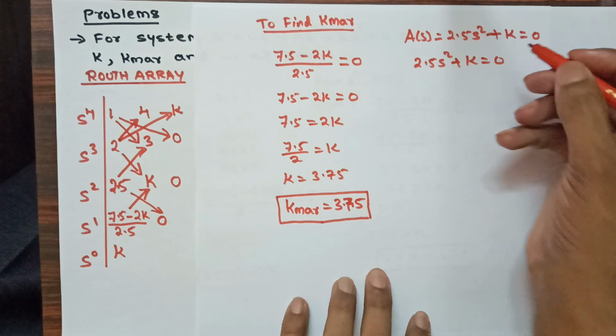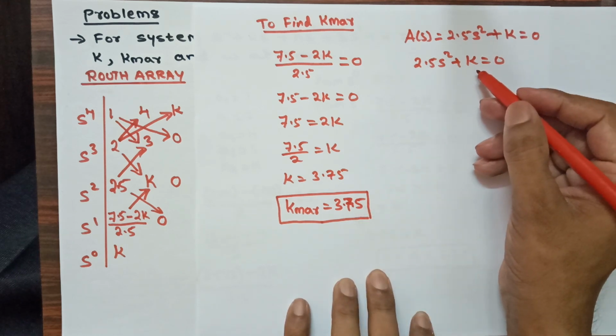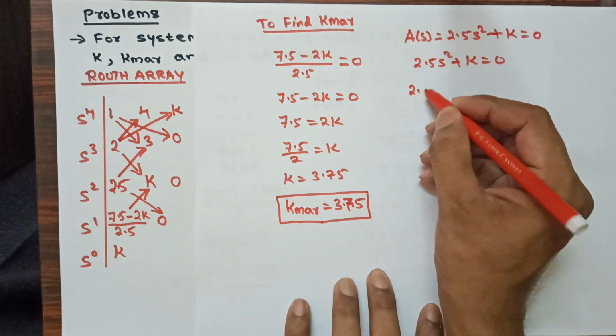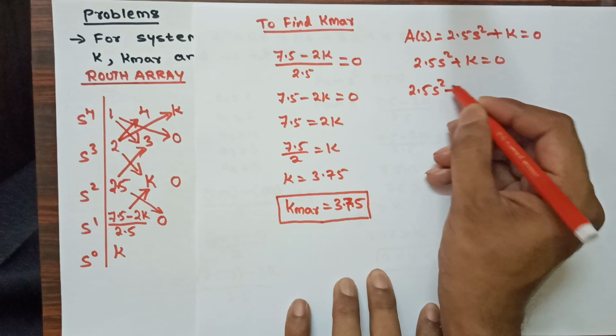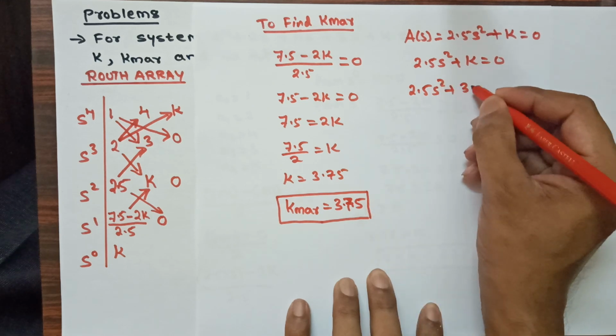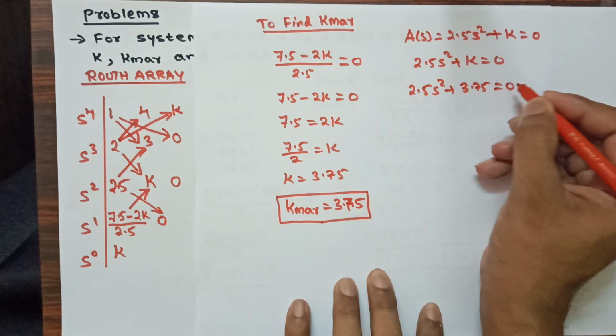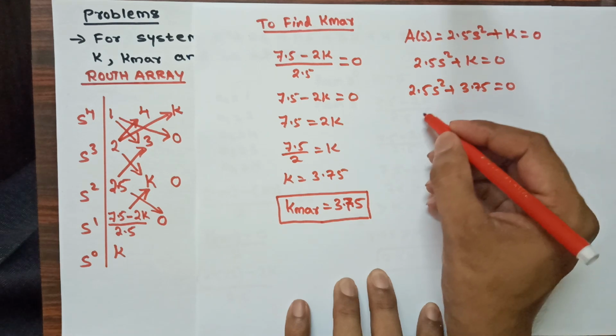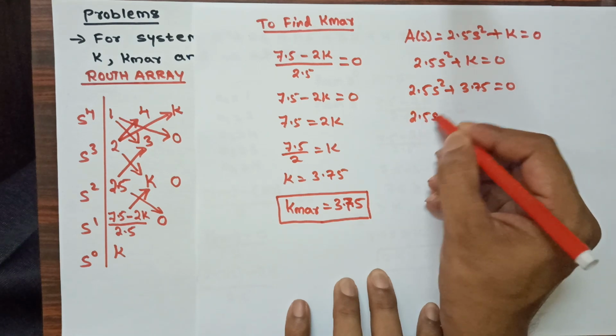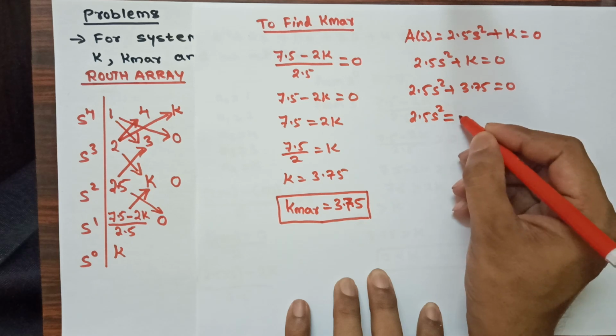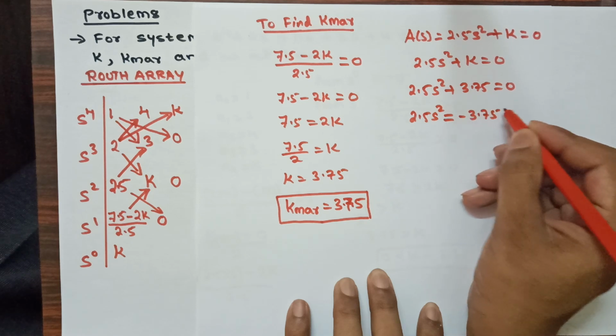Now we need to substitute the k margin value in this. By doing that, I will be getting 2.5 s square plus the k margin value 3.75 is equivalent to 0. Take this 3.75 to the right hand side, 2.5 s to the power 2 is equivalent to minus 3.75.